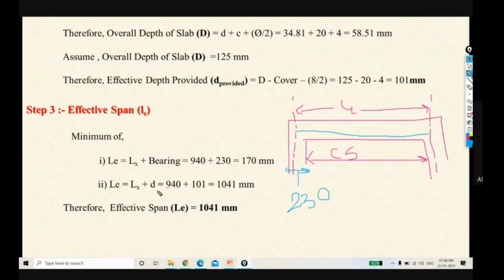These two formulas are there to calculate effective span, and we have to consider the minimum value from these two. So 940 plus 230 is 1170. And for the effective depth, 940 plus 101 is 1041 mm. So minimum is 1041. So we will consider this 1041 mm for the effective span.